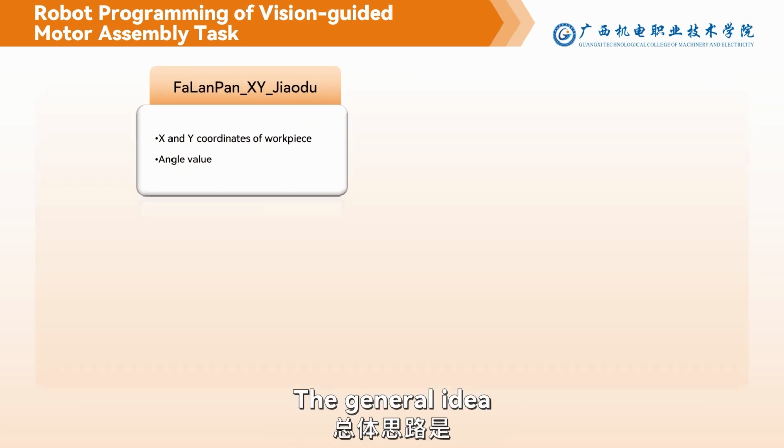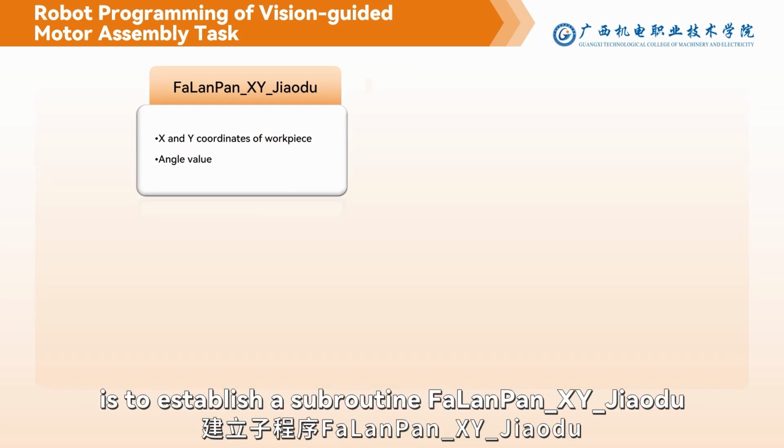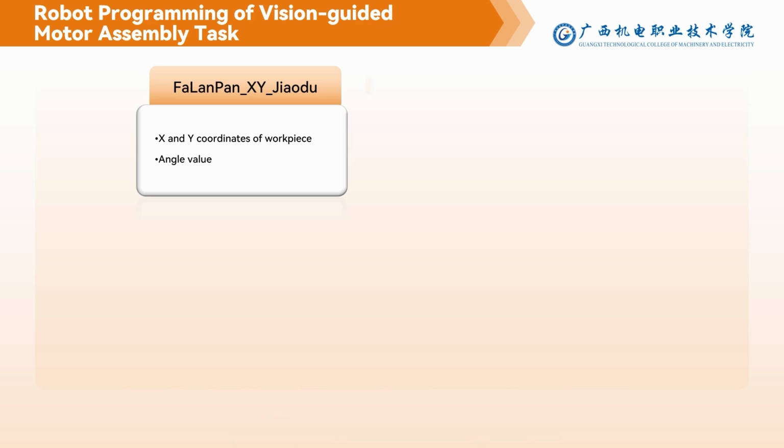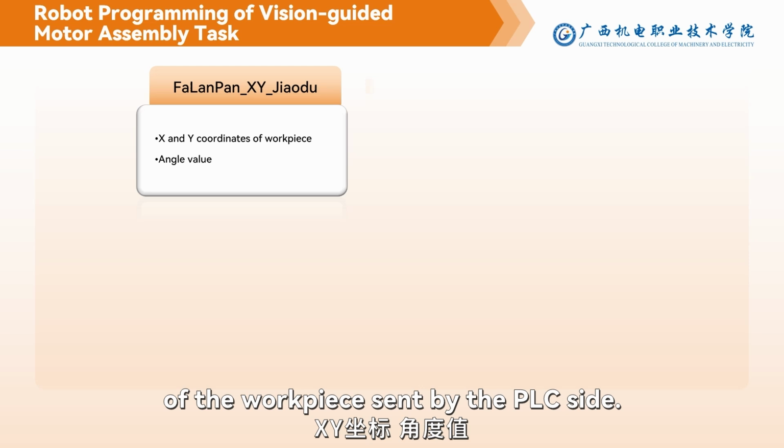The general idea is to establish a subroutine, 法兰判 XY 角度, to obtain the XY coordinates and angle values of the workpiece sent by the PLC side.